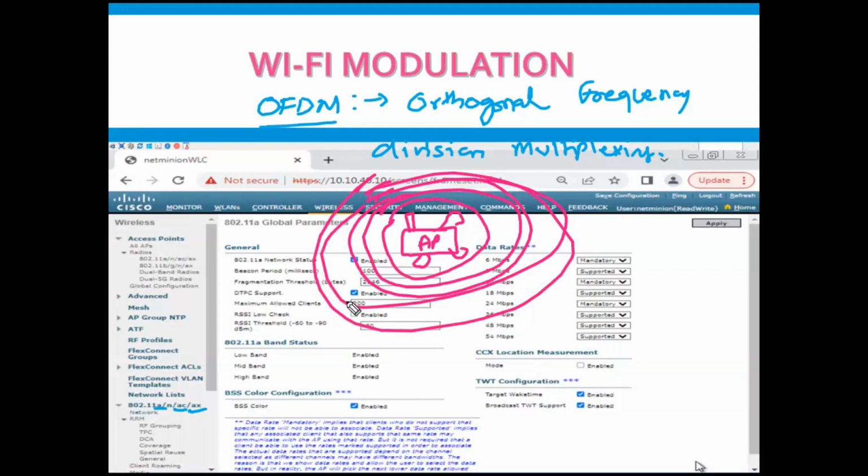by dividing the high-speed data stream into multiple lower substreams onto different carrier frequencies. And these carriers are very carefully chosen to be orthogonal to each other, meaning they should not interfere with one another, even when they are very closely spaced.